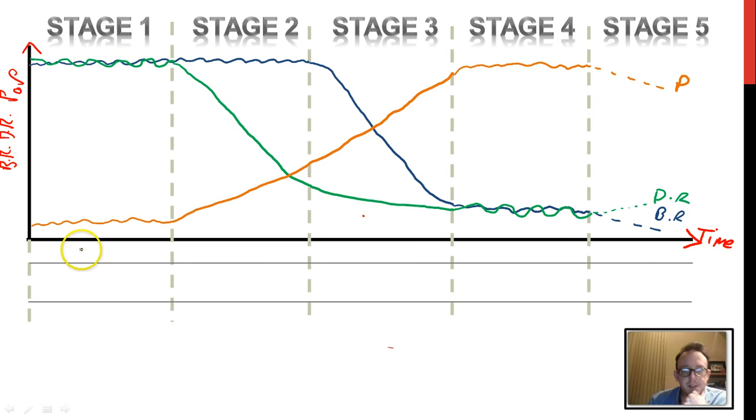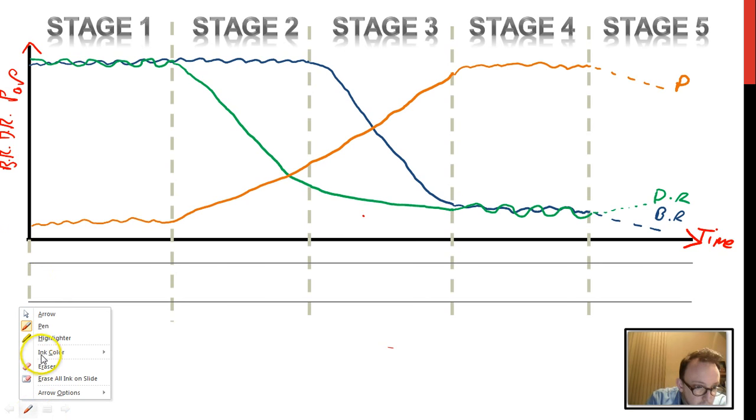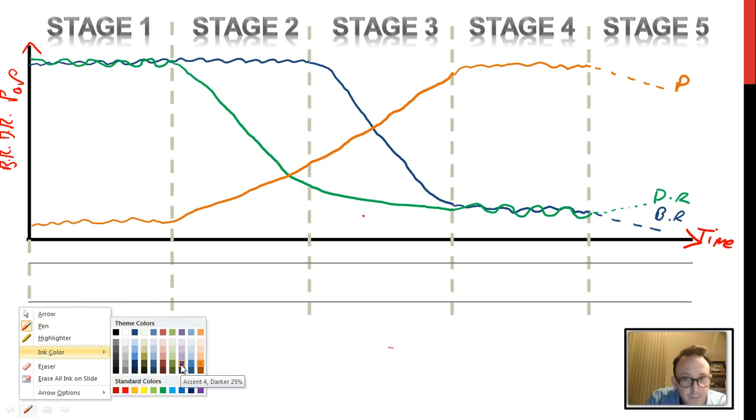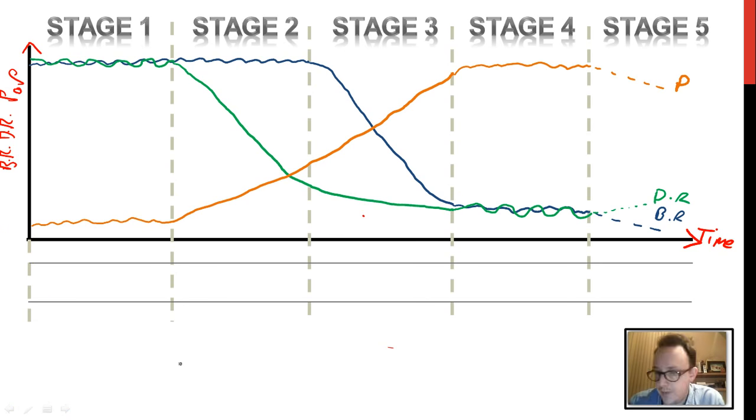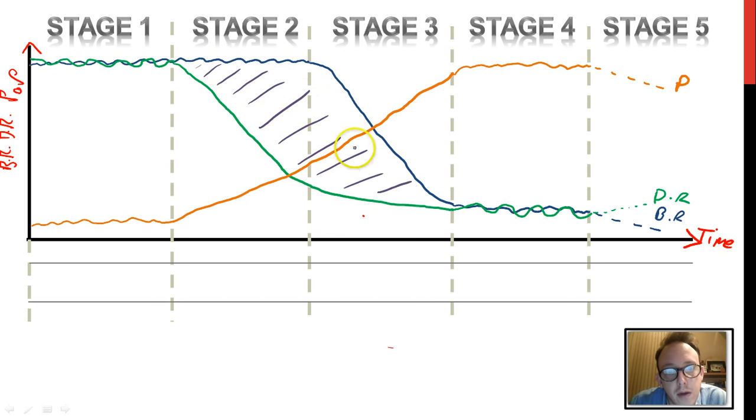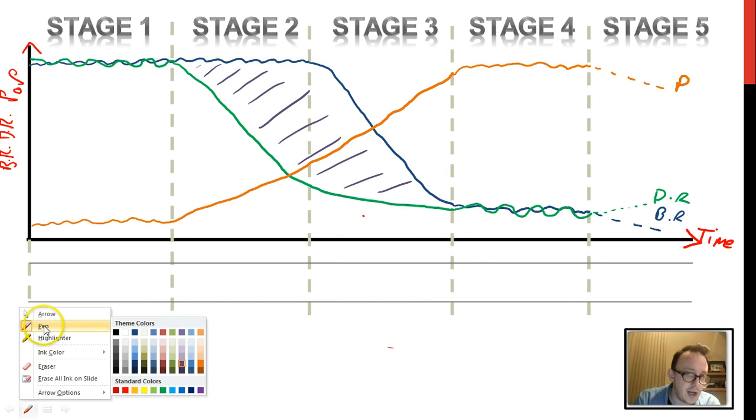Now, there's an area of this graph which is a bit of interest, and I'm just going to shade that in another colour. We'll go purple, and that area is this area here, in between the birth rates and death rates, because what this shows, in this shaded area, is the natural increase.